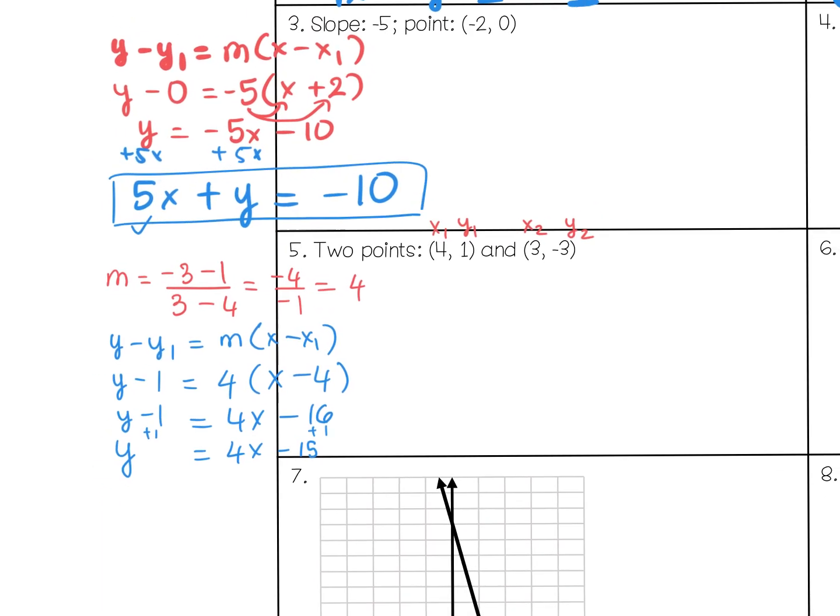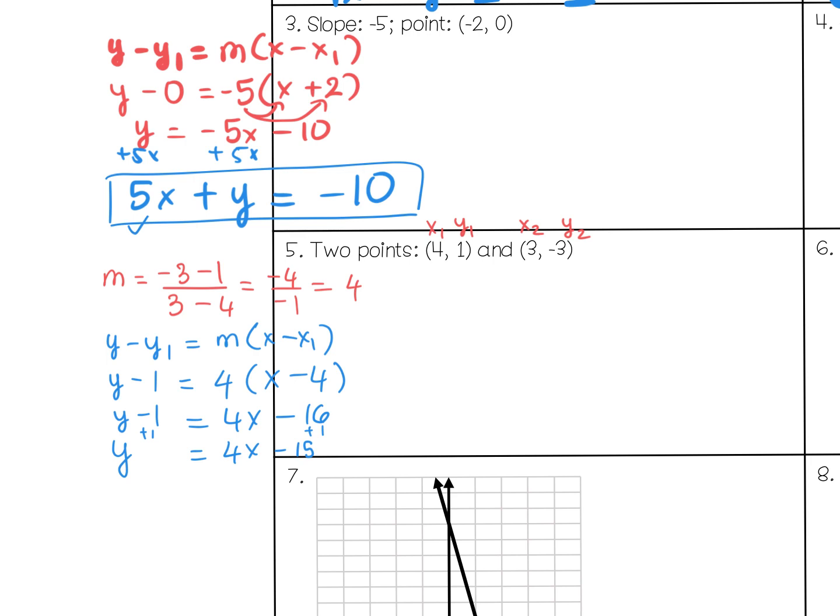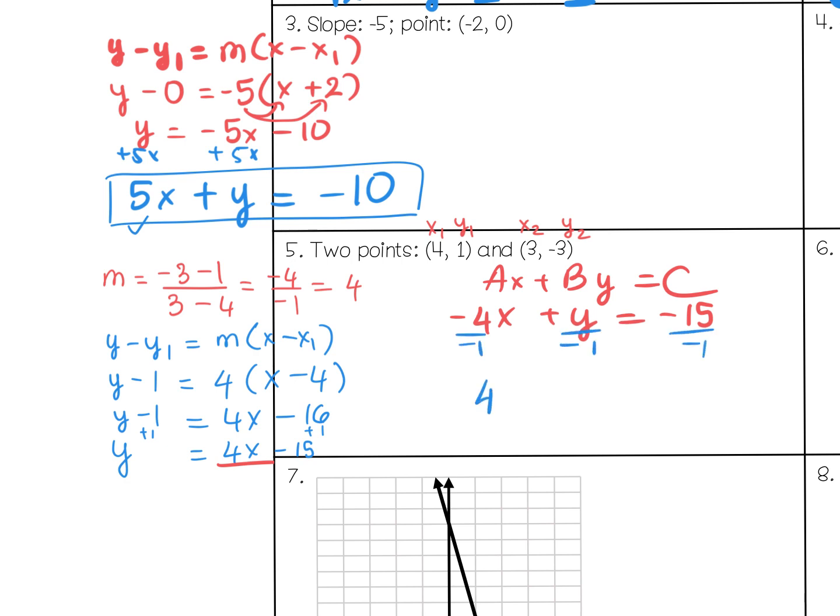All right, so next will be to turn it into ax plus by equals c. So 4x, if you move it to the left, it will become negative 4x plus y equal to negative 15. All right, a cannot be negative, so to get rid of the negative, you divide by negative 1 for all. So I have 4x minus y equal to positive 15.